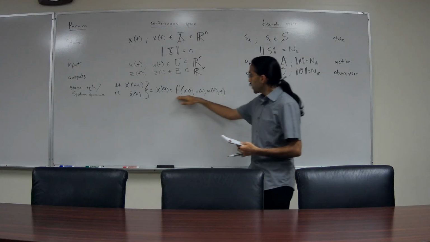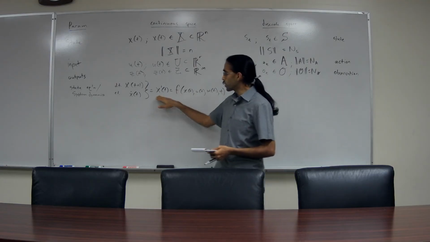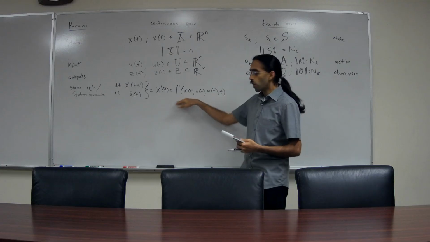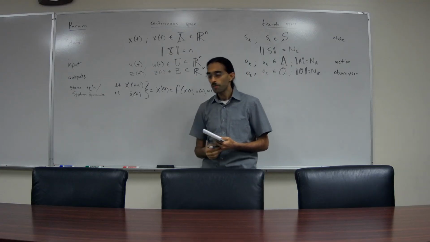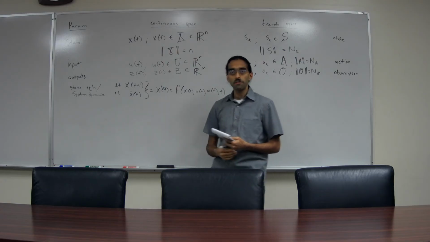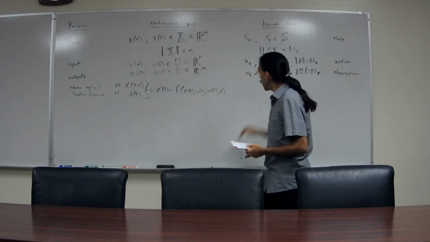Okay, so we have this functional relationship, which takes in some real valued inputs, produces some real valued output. We can throw in a bunch of mathematical operations, whatever we need, to describe this relationship. And that'll describe how the state evolves over time in a continuous space. How about in a discrete space?